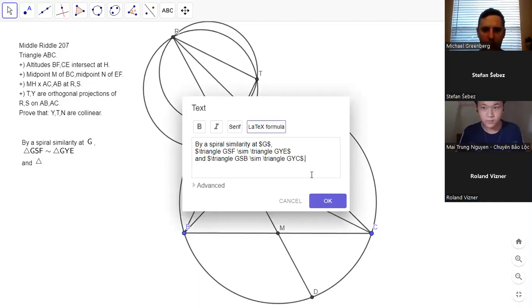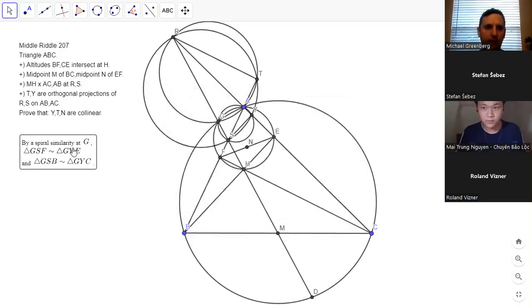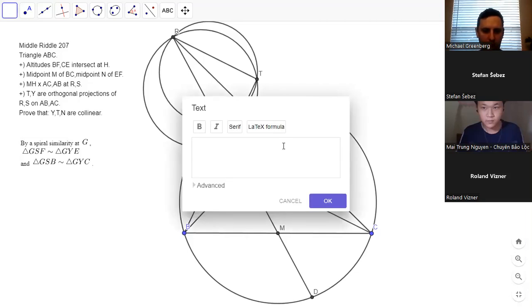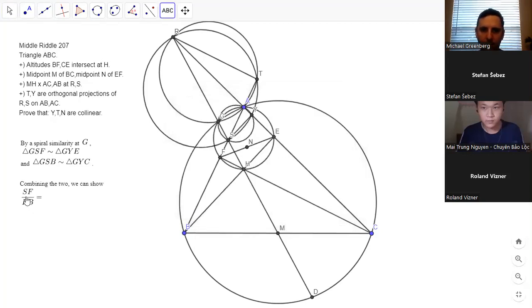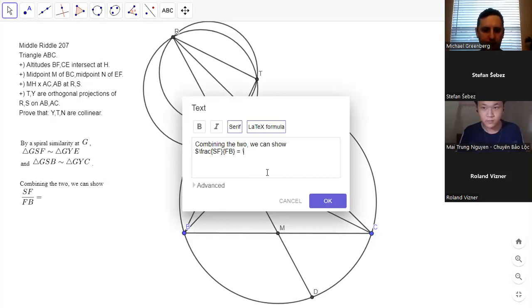And then combining the two, we have SF over FB is YE over EC.